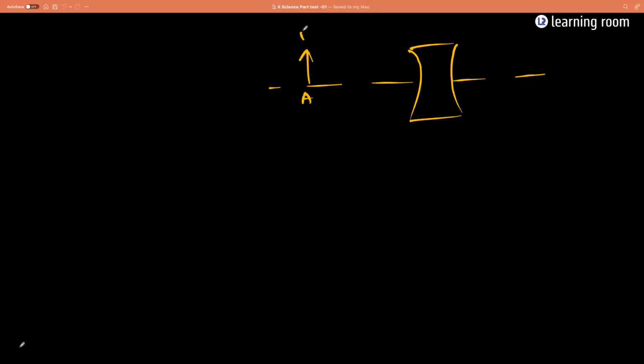If this is AB and this distance is 20 centimeter, I'm taking a ray parallel to the principal axis. After refraction it will diverge like this. So where will it pass through? It will pass through the focus. Am I right?